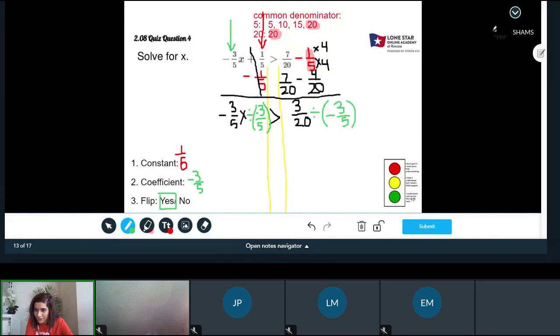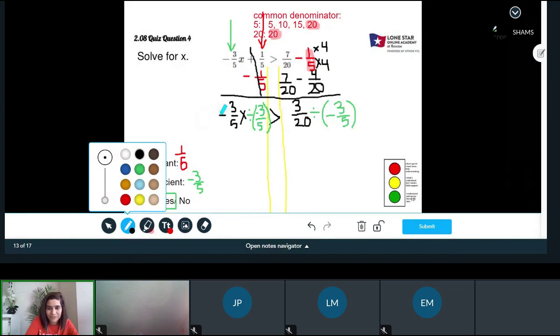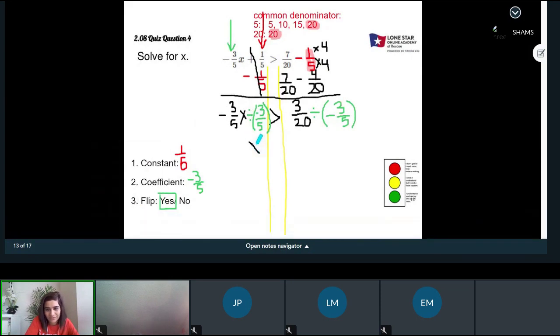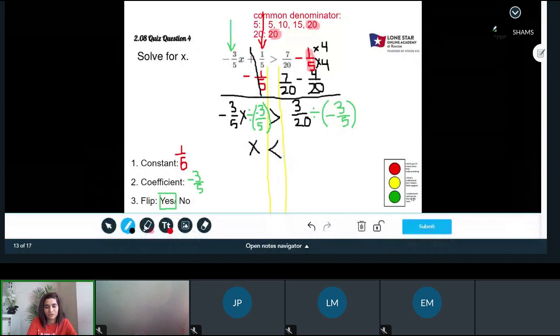Johnny, did you get clarified? Okay, now let's see. Negative 3/5 x divided by negative 3/5 will just leave x by itself. I also flip the symbol, and on my right side I have to still divide.